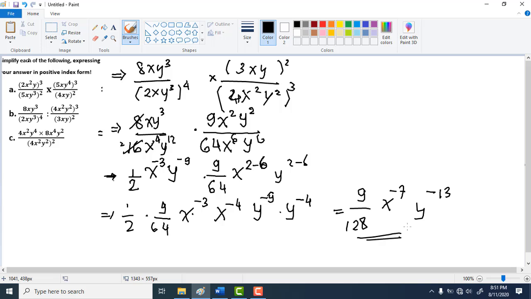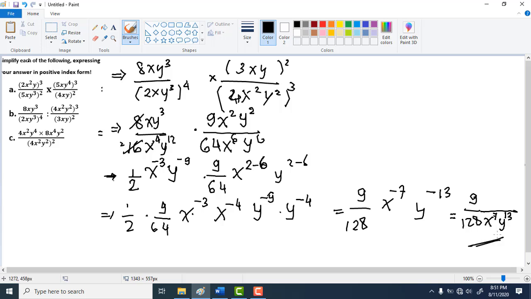Oh, sorry, we change the result into the positive index form, so the last answer is 9 over 128, x to the power of 7, y to the power of 13, with x and y as the denominator.